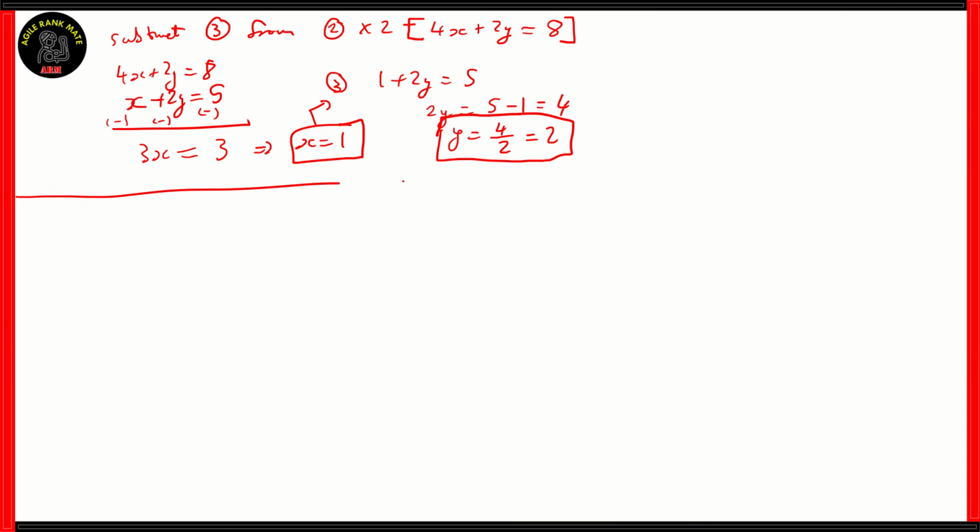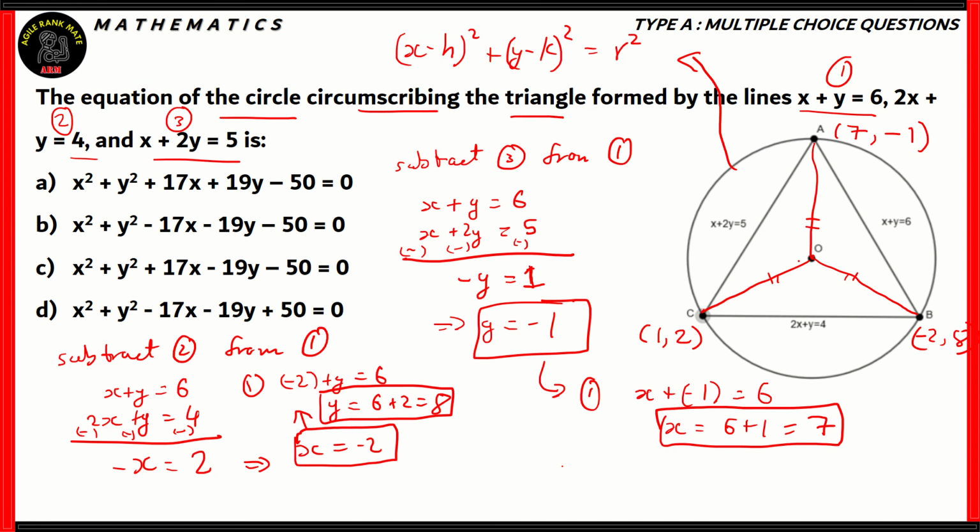All right? So since radii OA and OC are equal, that means, by the way, the coordinates of O, we're going to consider them to be h and k so that we can use the general formula of the circle.